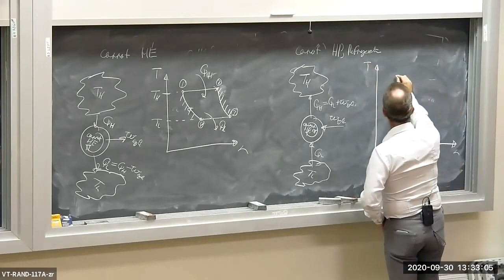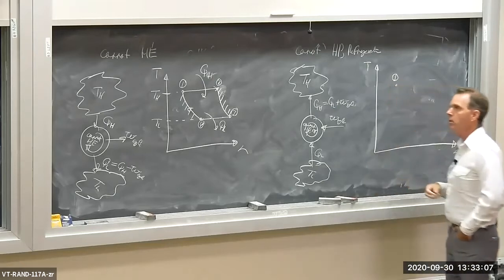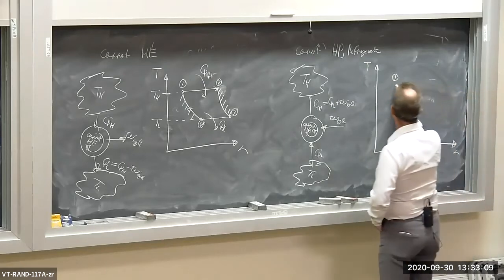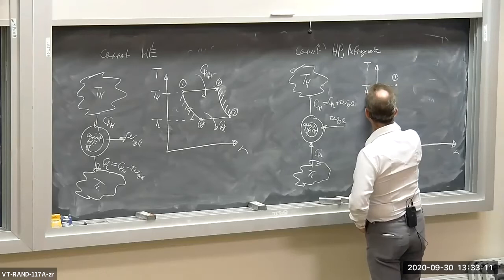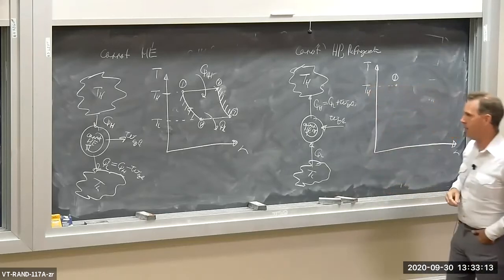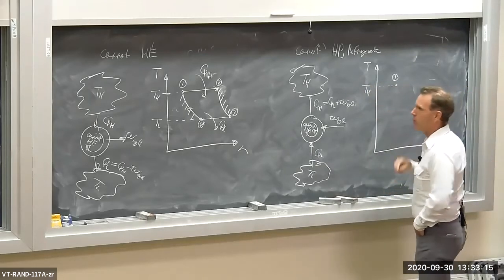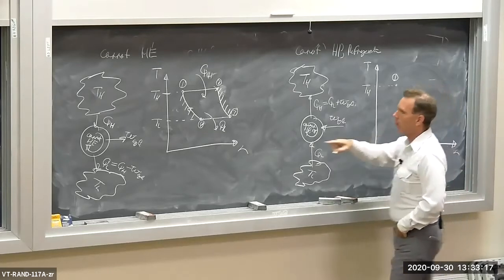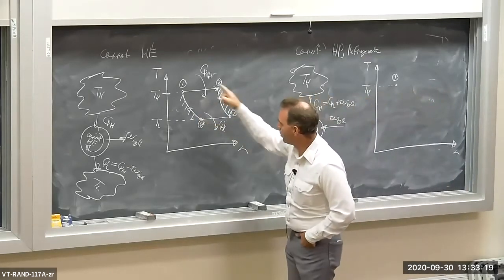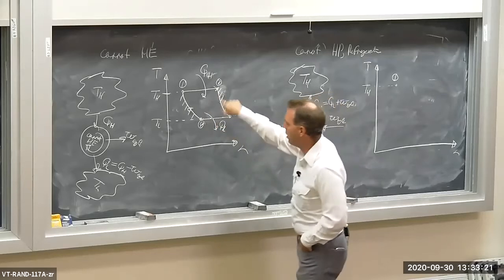So state 1 is still the minimum volume, maximum temperature in the cycle. But instead of isothermal heat addition, we're going in the opposite direction, counterclockwise through the cycle instead of clockwise.